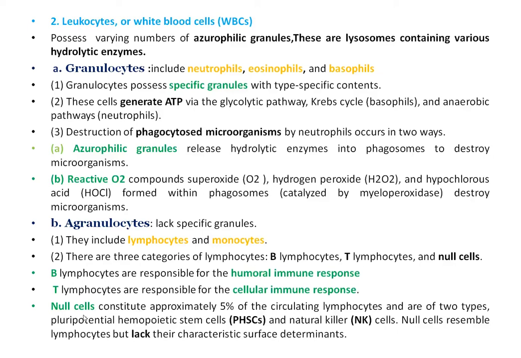The third one is null cells, which constitute approximately 5% of circulating lymphocytes and are of two types: pluripotent hemopoietic stem cells, this is the stem cells, the first type, and natural killer cells. Null cells resemble lymphocytes in their characteristic surface determinants. Therefore, they are called null.